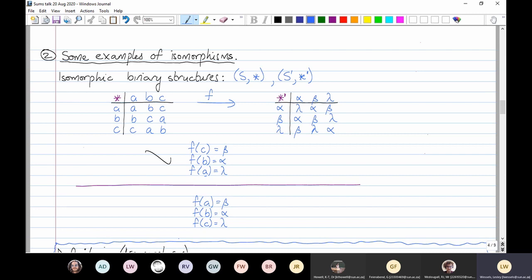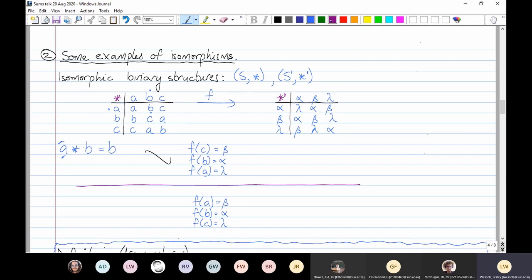So in other words, if I ask what is A star B, I look at my first element in my row, and A star B will give me B.